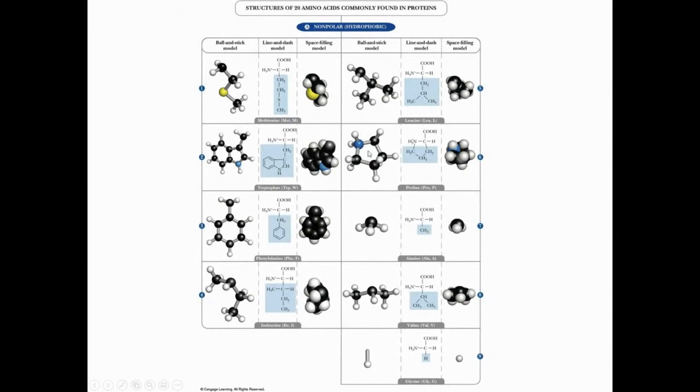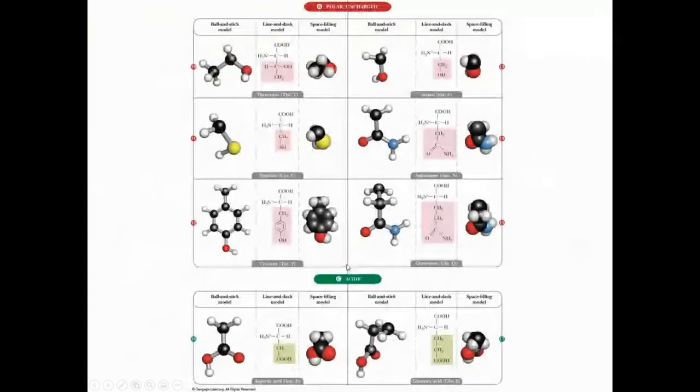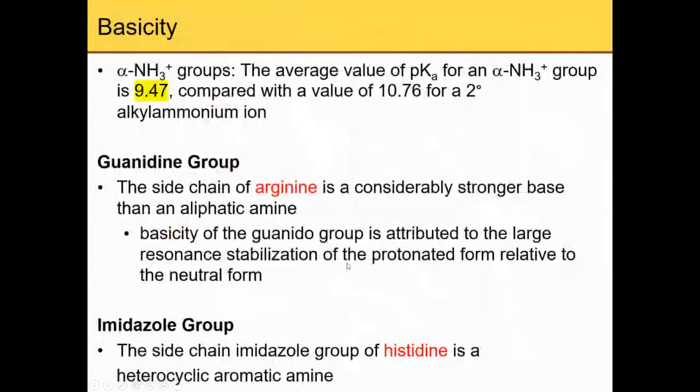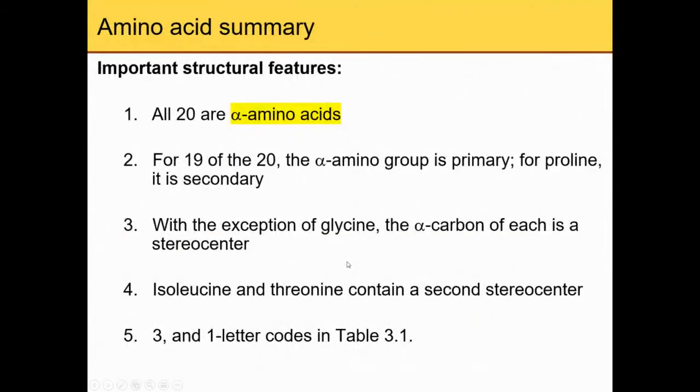If only this amine group here, so all the other 19 are primary except the proline, okay? And with the exception of glycine, the alpha carbon of each is a stereo center, right? The glycine is not a stereo center. And the isoleucine and threonine contain a second stereo center. So that's basically the summary of the amino acids.